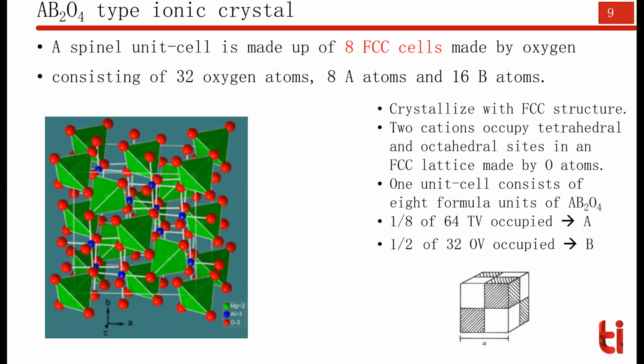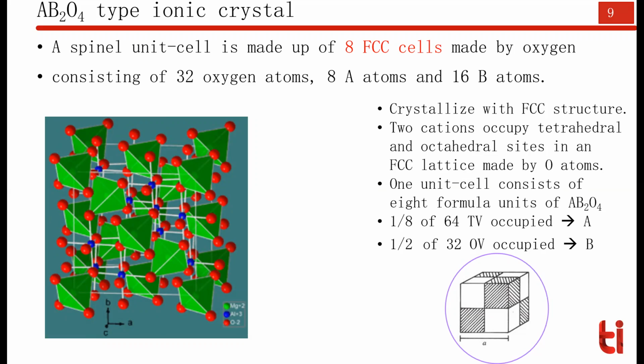So instead of looking at that particular unit cell to begin with, we will try to understand the AB2O4 type of structure with a little different representation. So I ask you to look at the schematic diagram shown at the bottom of this slide. You focus on this particular unit cell rather than the one which is shown with the atomic position.